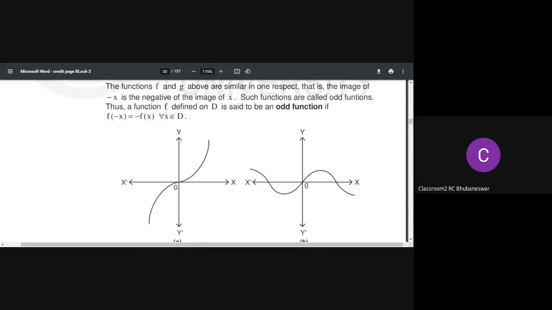So here the basic definition is f of minus x is equal to minus of f of x. If this definition is satisfied, we can say that the function is an odd function, and we ensure that this condition is satisfied for each and every value x inside the domain D.